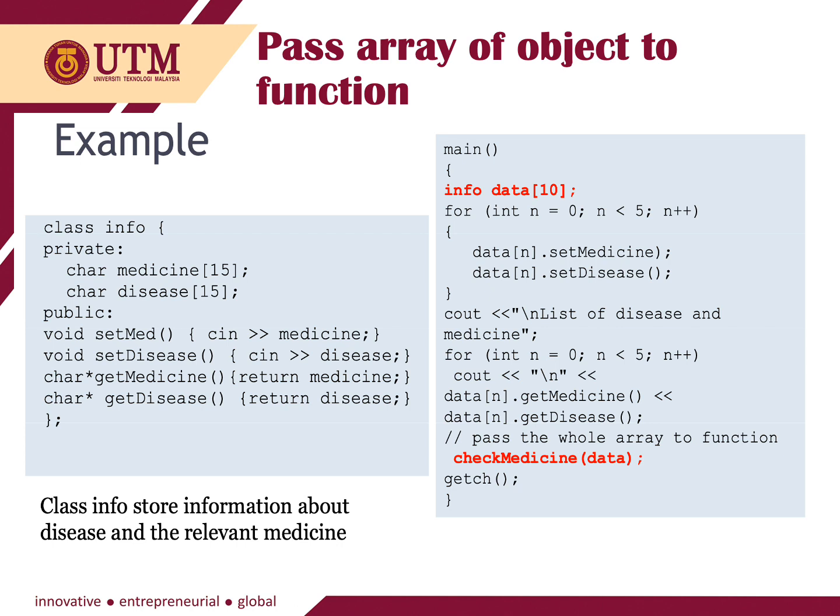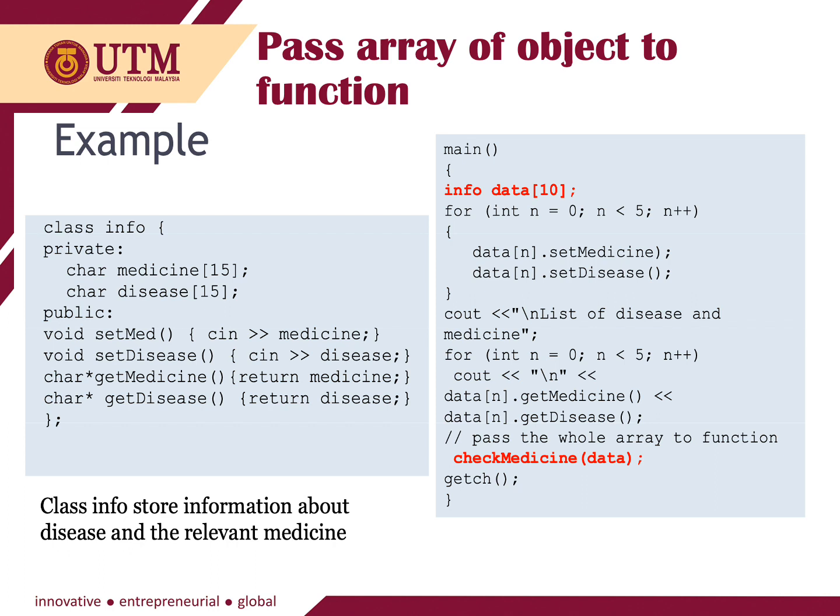An array actually can be passed as a parameter to a function, and the whole elements in the array can be passed to another function, or we can simply pass only one element from the array. So here we can see that we have two arrays. The first one is for the medicines and the second one is for the disease. The size is 15.